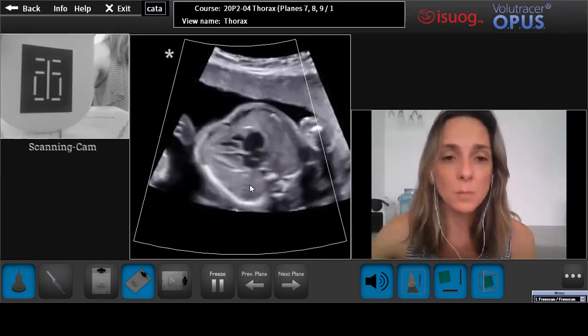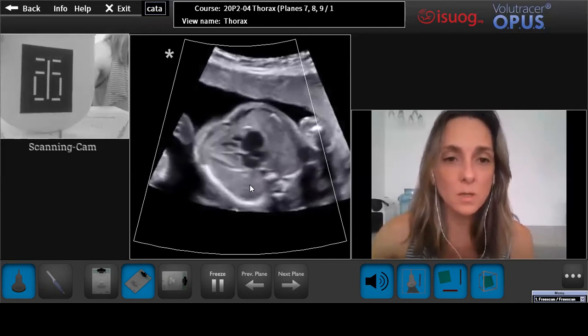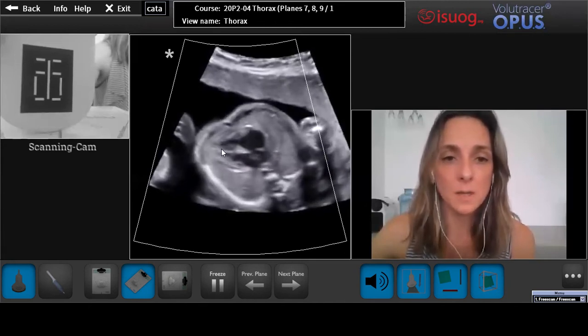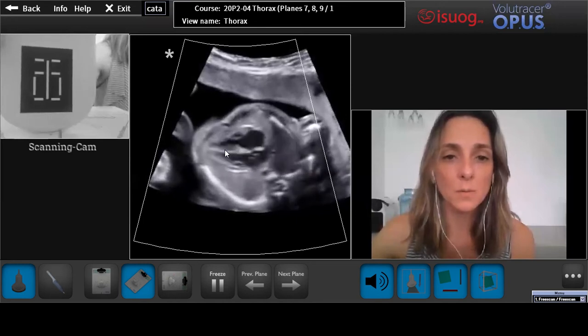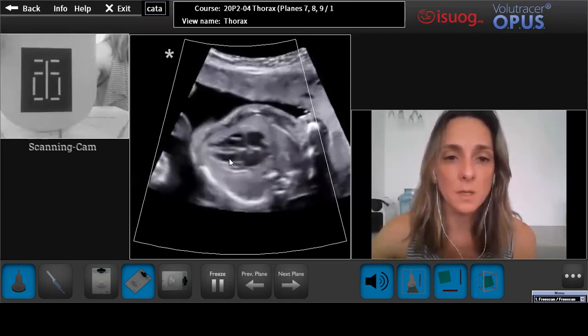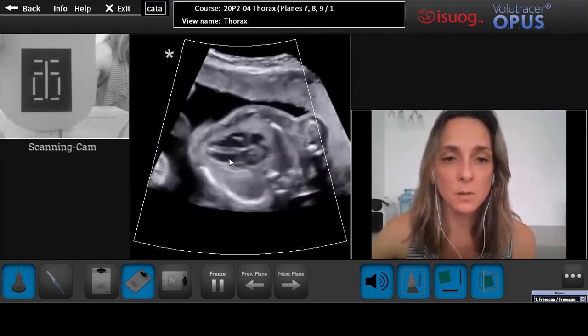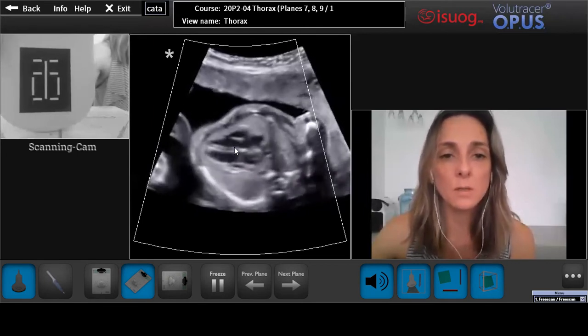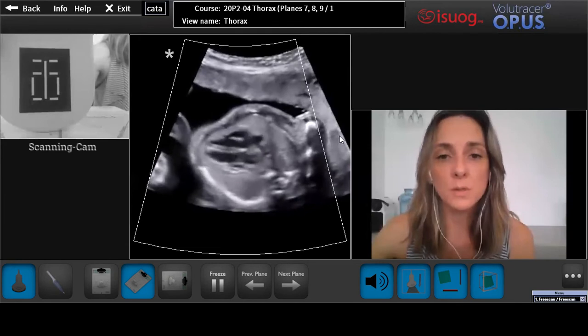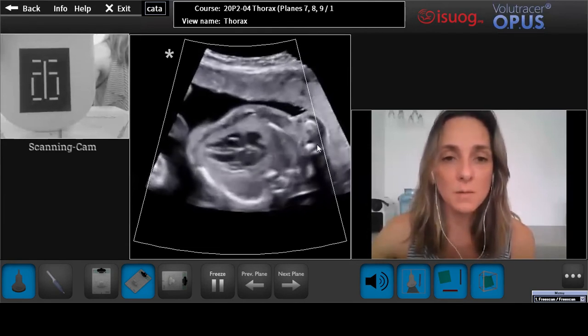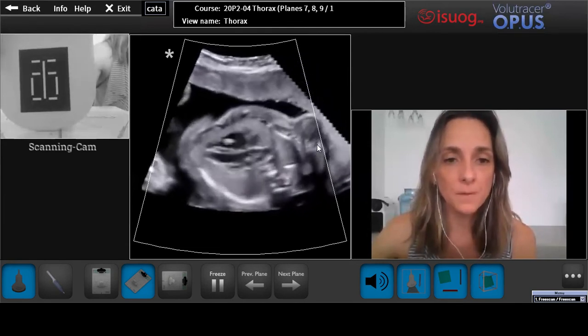And now we move on to plane number 8, which is the left ventricular outflow tract, where we are going to check not only the interventricular septum, but also the outflow from the left ventricle of the heart. So to do so, you need to rotate your probe towards the right shoulder of the baby, this way.